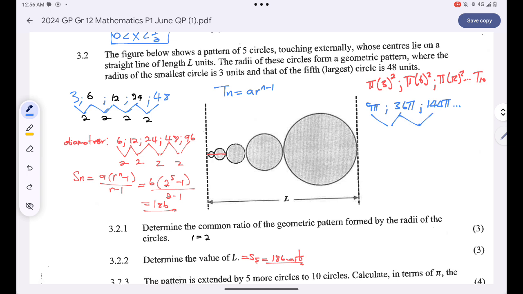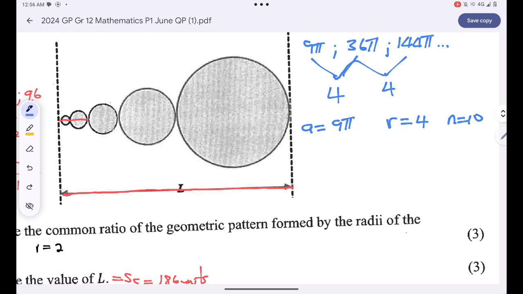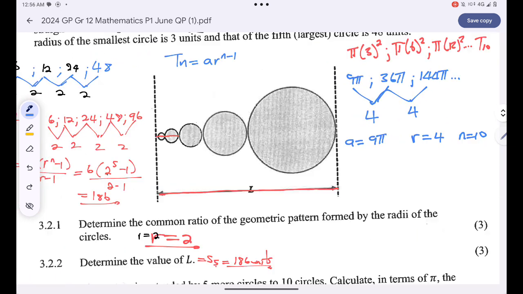Why? Because the radii form a geometric number pattern as well. So 36 divided by 9 will give me 4. The ratio is also 4 over there. So the first term is 9 pi, the common ratio is 4, and n is equal to 10. I just want to calculate the sum of the first 10 terms.